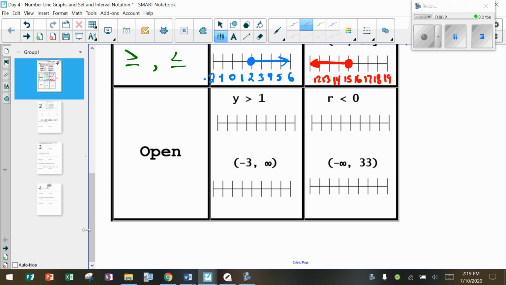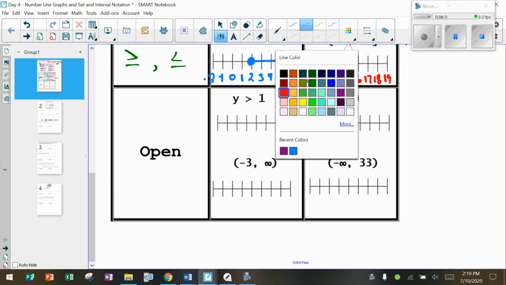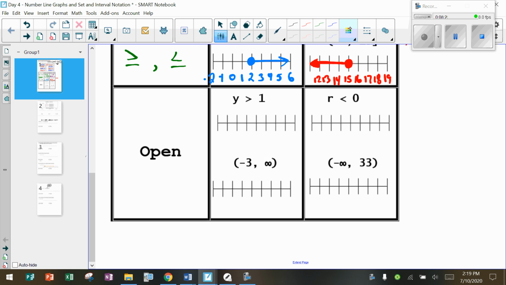If we don't have the equal to line underneath our inequality, that means we cannot exactly equal 1. 1 is still the number I use. We count up to the right, down to the left, and I still put my circle around the 1, but this time my numbers can only be greater than 1, cannot be equal to 1.